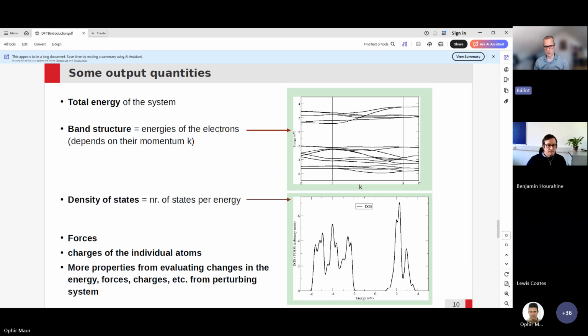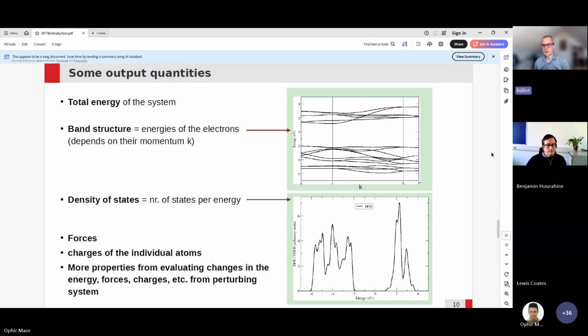When you plot those spaghettis, which show the energies as a function of the momentum, then you have the so-called band structures. Physicists and scientists can use this in order to understand the electronic properties of the system, or even the optical properties of the system, and so on.